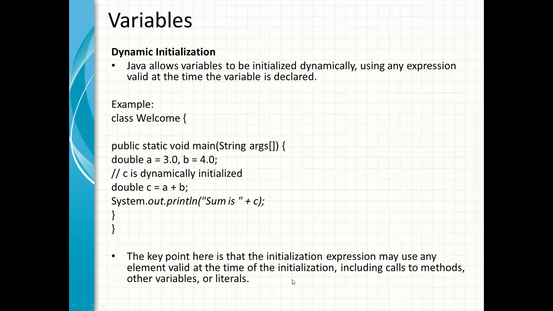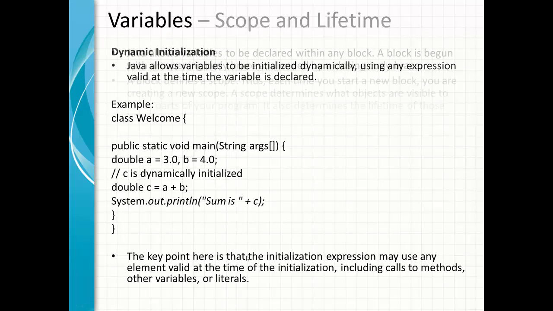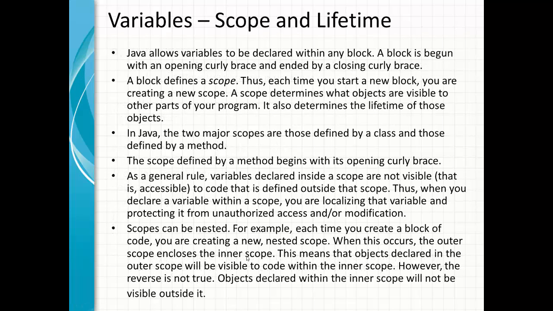For right now, just remember that it can happen by calling a method or looking at other variables or other literals, and we will see how, by calling a method, a variable can be initialized dynamically. Now this is very important for us to understand scope and lifetime of variables.